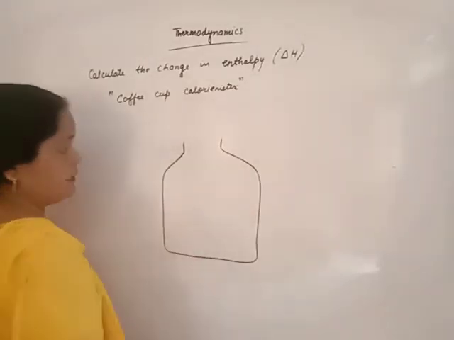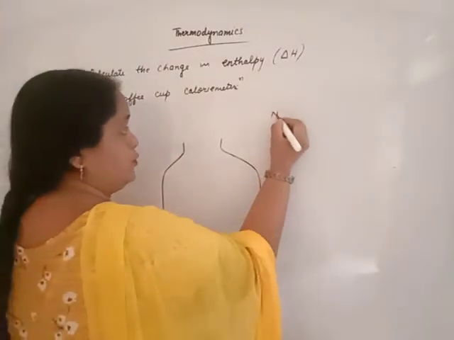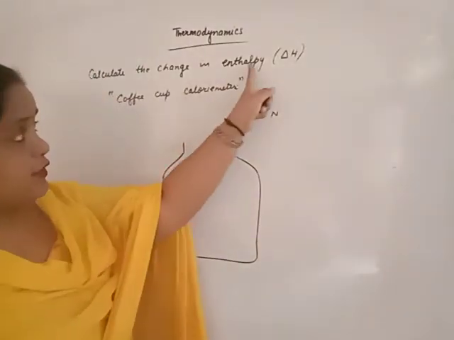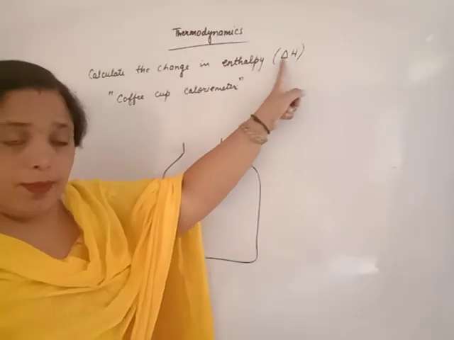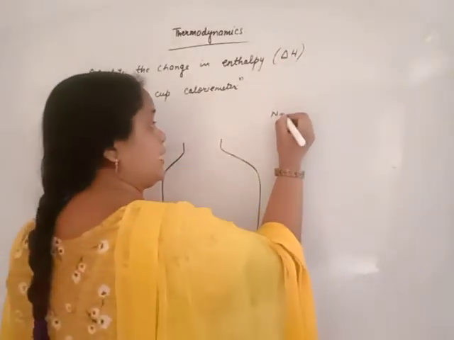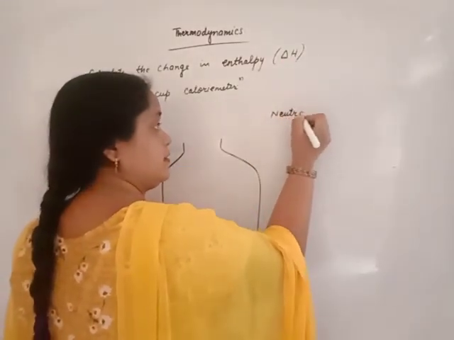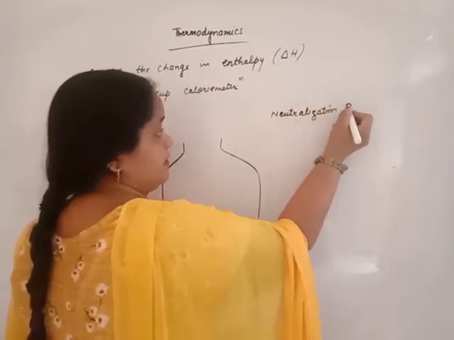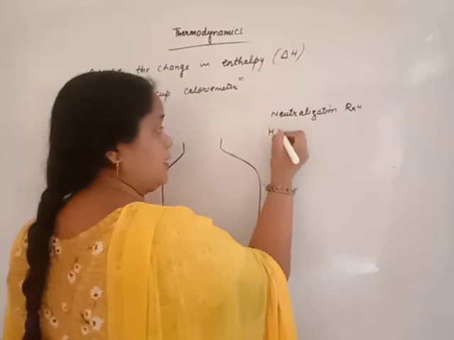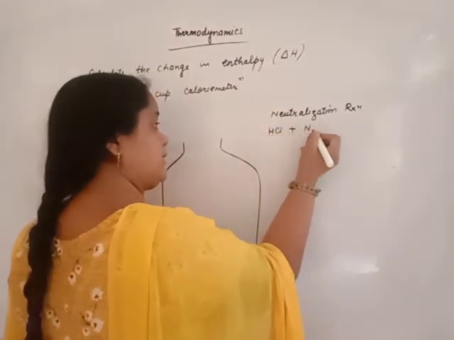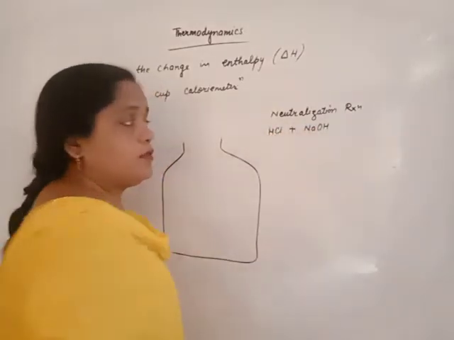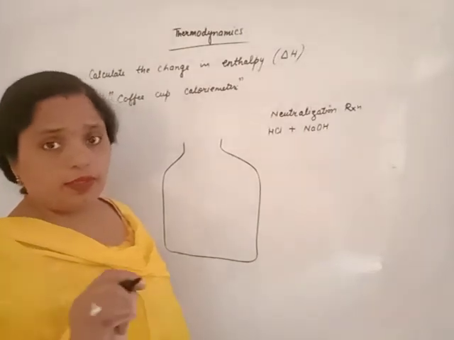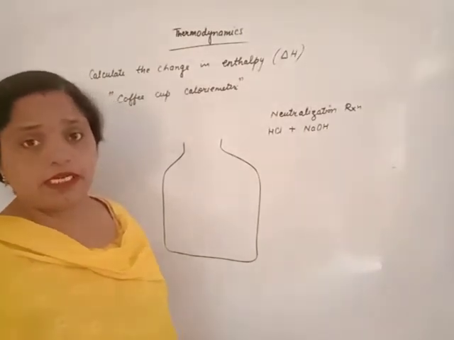Suppose in this case we will use it to calculate change in enthalpy for neutralization reaction. That neutralization reaction means equimolar concentration of hydrochloric acid reacts with sodium hydroxide to give salt and water. How much amount of enthalpy change?